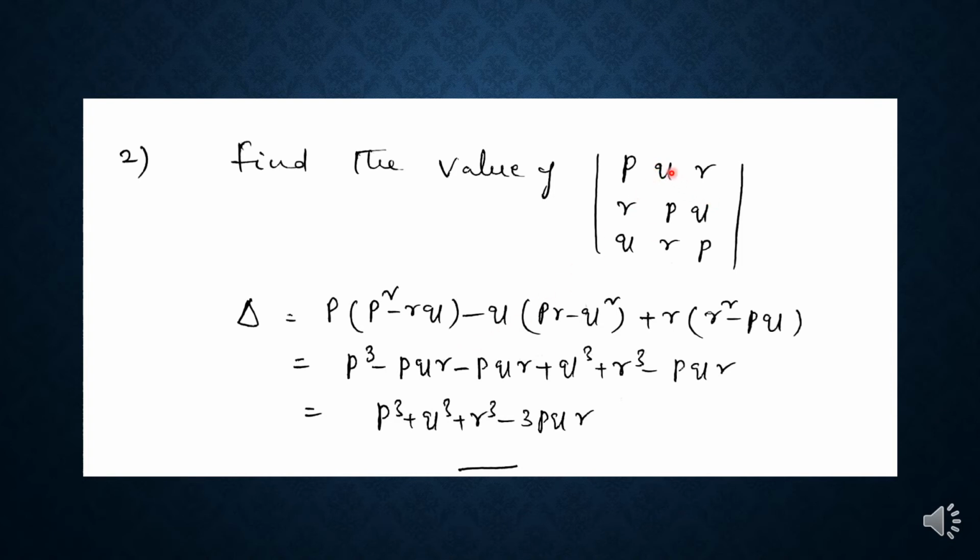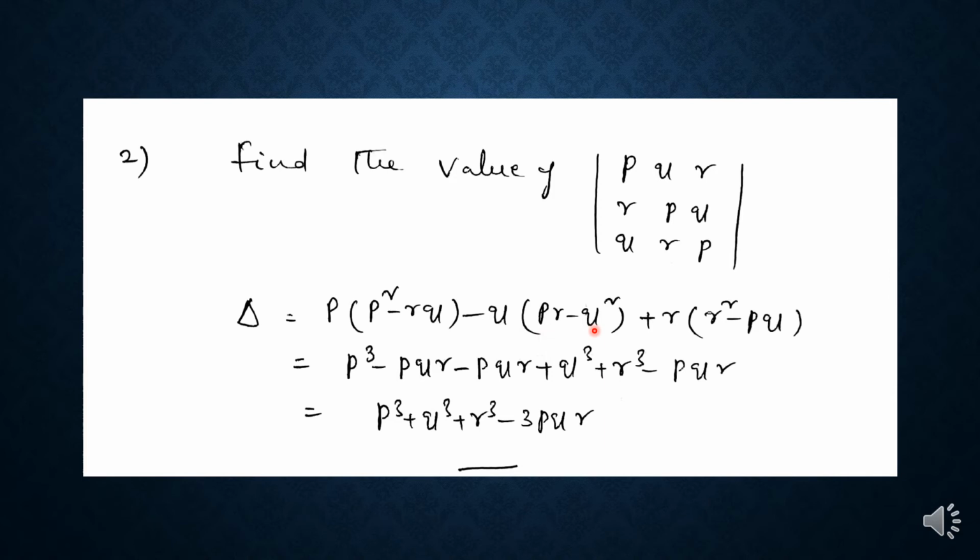Minus q into, then delete this column and this row, what we get is the determinant q, p; r, q. What is its determinant? p into r, pr, minus q into q, q square.